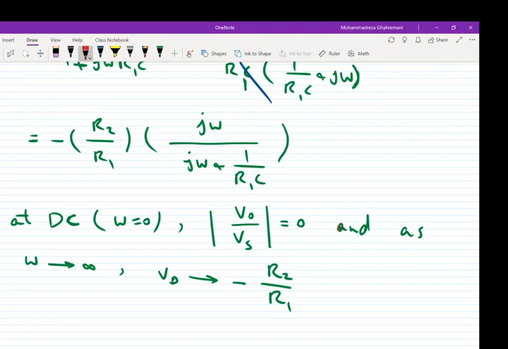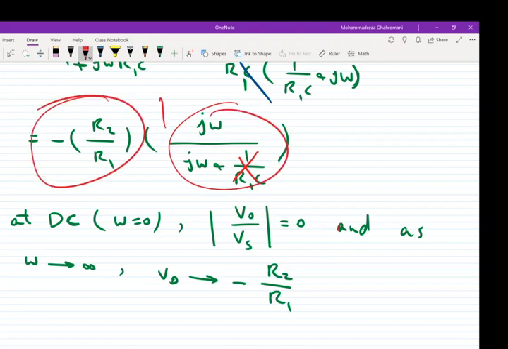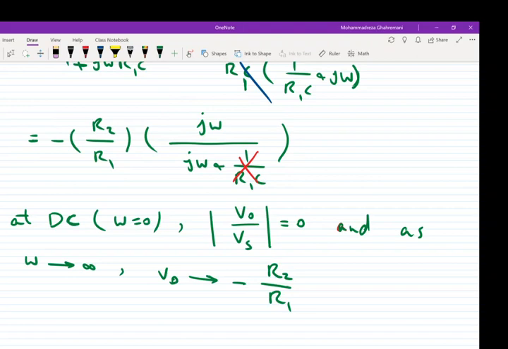If omega goes to infinity, 1 over R1C will be negligible compared to j omega, because j omega will be much greater, so we can ignore it. So j omega over j omega gives 1, and the gain will be negative R2 over R1.